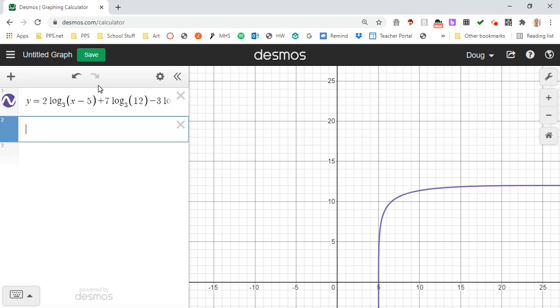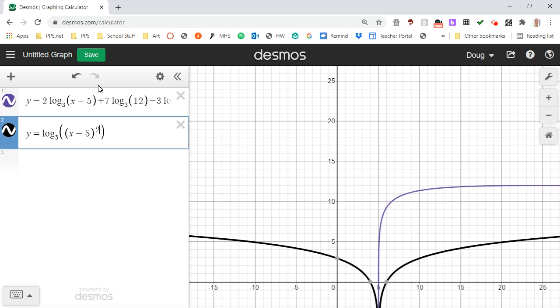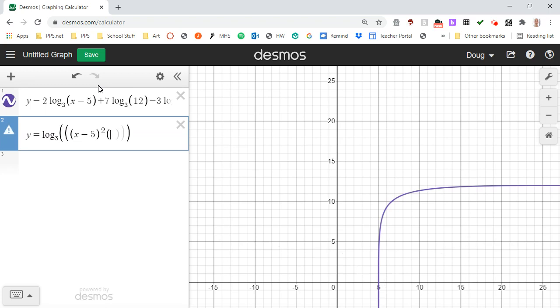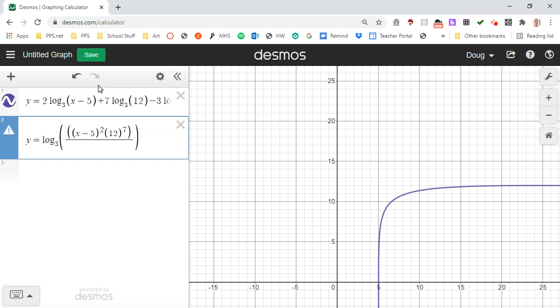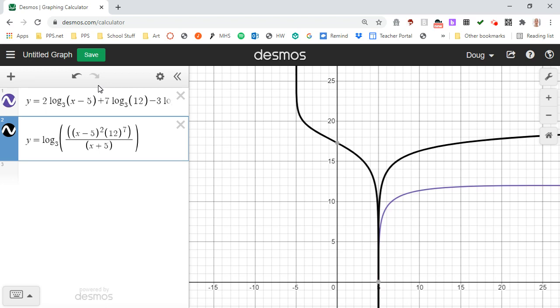Okay. Now we have y is equal to log base 3 of, and then in the numerator, it's going to be x minus 5 squared times 15 minus 3 is 12 to the 7th. And then that's going to be divided by the quantity x plus 5 to the 3rd.